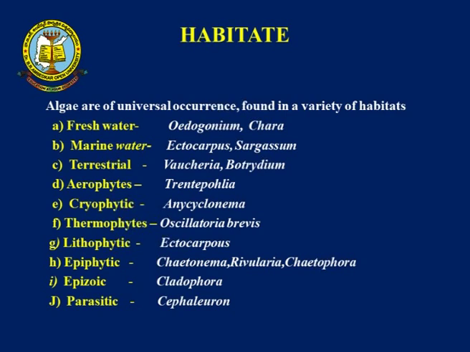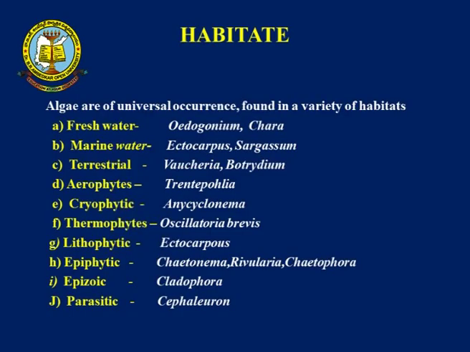And parasitic. Before, I told you these are autotrophic, that means they can prepare their own food material, but very few show parasitic and symbiotic nature. Parasitic means they grow on another host and cause diseases, for example Cephaleuros, which causes red rust disease in coffee plants.